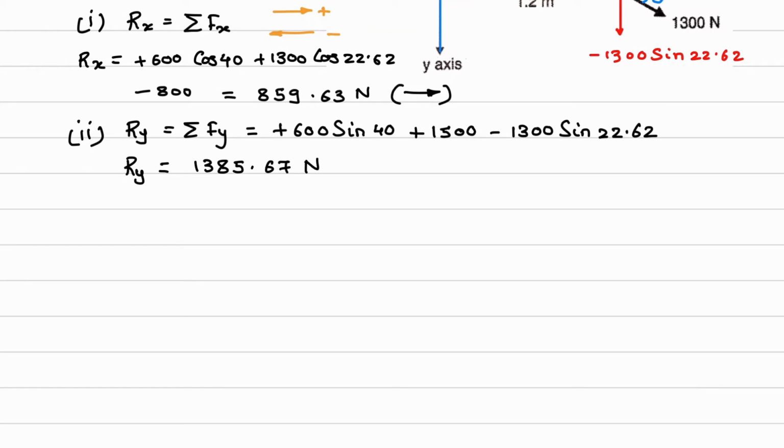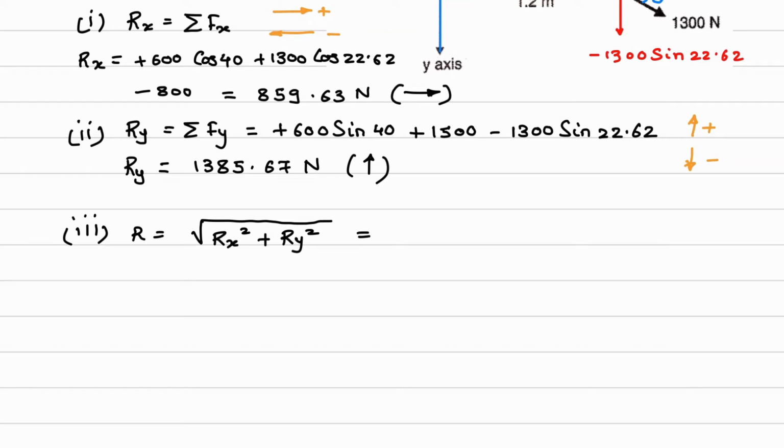Now this Ry is positive. What will be the direction? Upward direction. So we have considered upward force as positive and downward force as negative here when we are writing Ry. Now next will be calculation of resultant. So resultant R is equal to under root of Rx square plus Ry square.